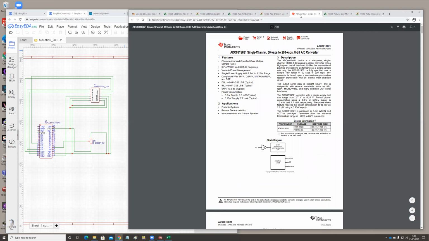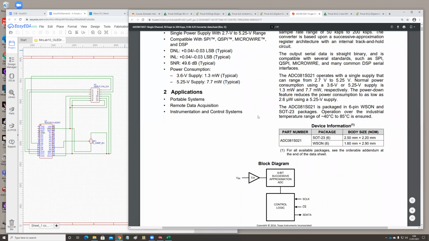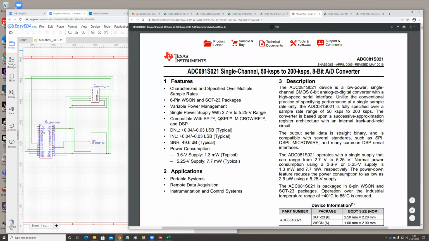And that's made by the company Texas Instruments, which is one of the largest integrated chip manufacturers in the world. So the integrated chip there is a single channel, 50 to 200 kilo samples per second, 8-bit analog to digital converter.